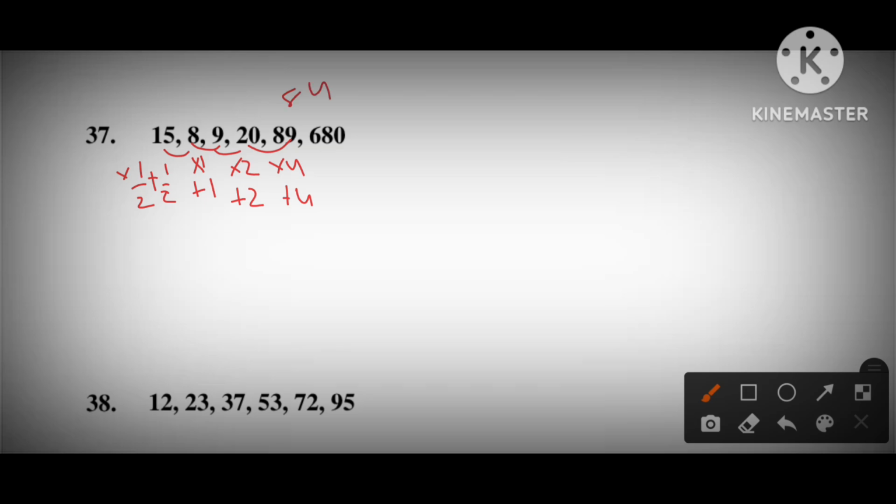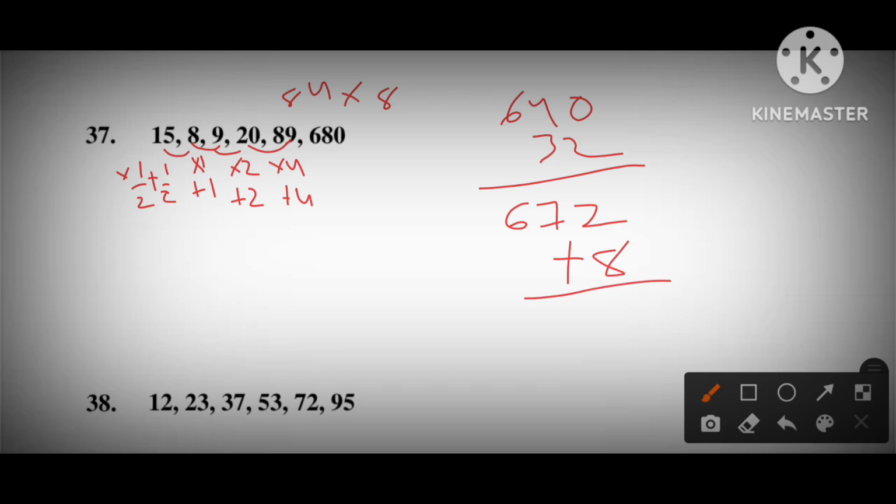The next one must be into 8 times. 8 times 640. 640 plus 8 4 times 32, which will be 672. 672 plus 8 will be 680. So here 89 is the wrong number.